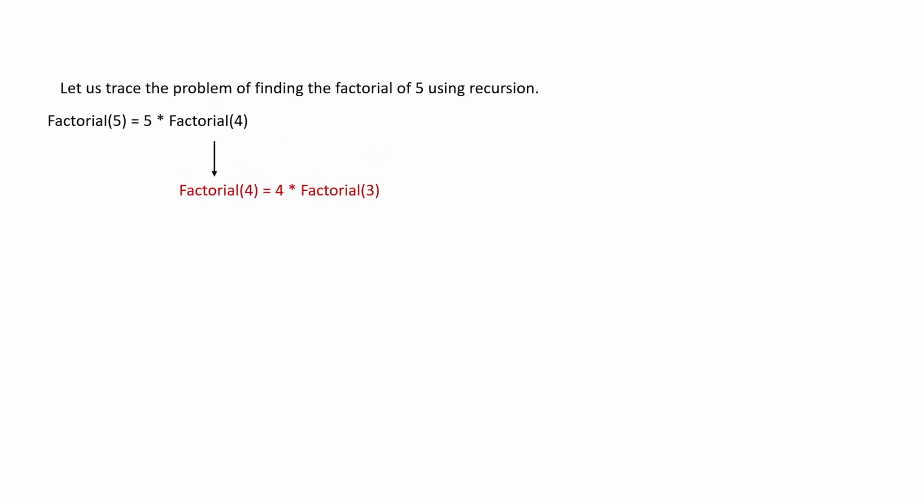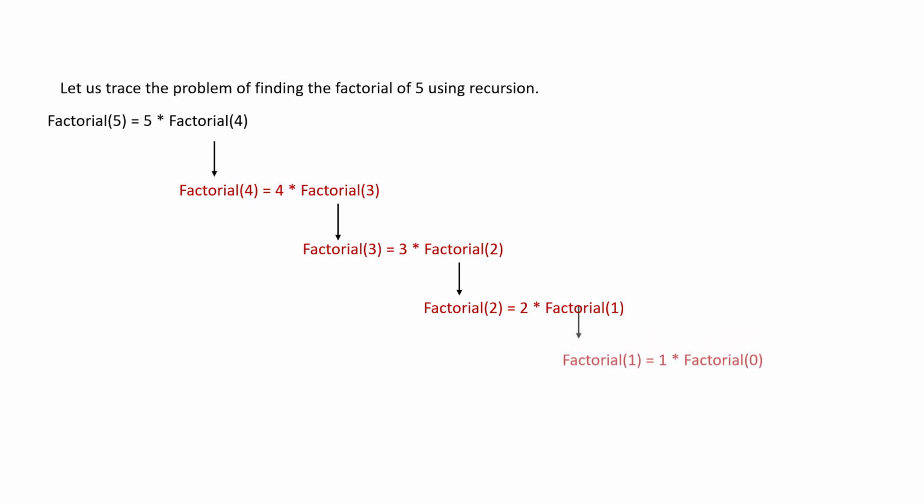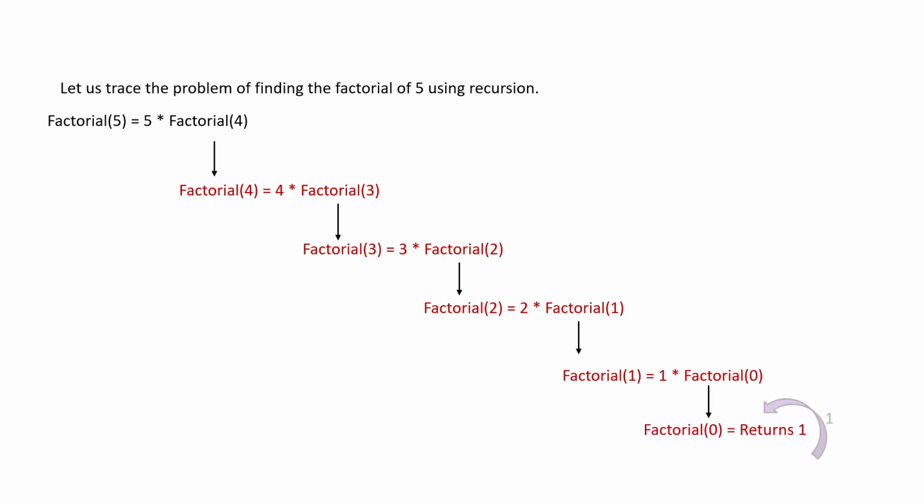This process continues. Factorial 3 equals 3 times factorial 2. Factorial 2 equals 2 times factorial 1. Factorial 1 equals 1 times factorial 0. Here, factorial 0 is our base case, which simply returns 1.